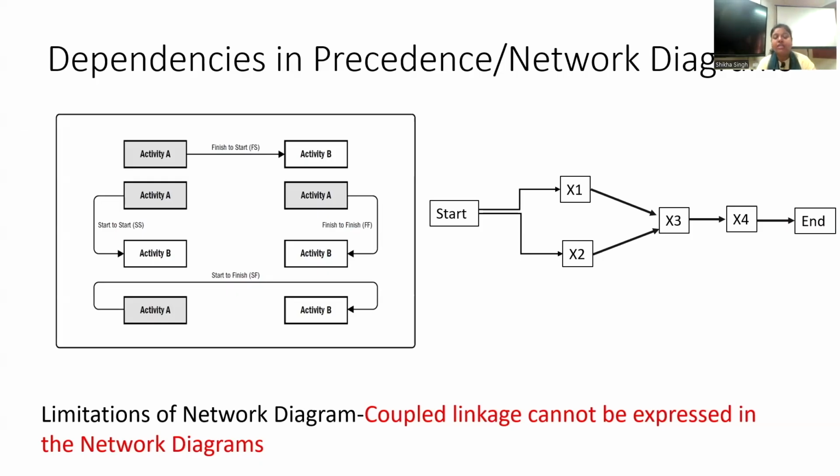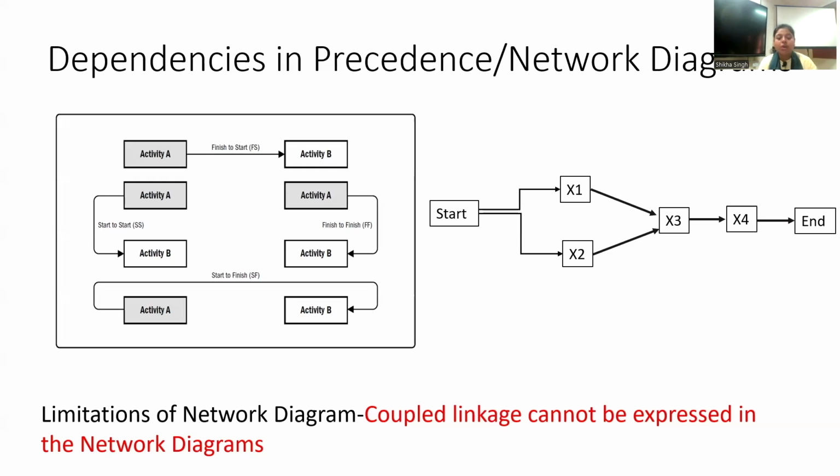Or you can say there is an example of a network diagram here, where the activities have this kind of finish-to-start relationship. But the limitation is that we cannot represent coupled relationships or coupled linkages, right?